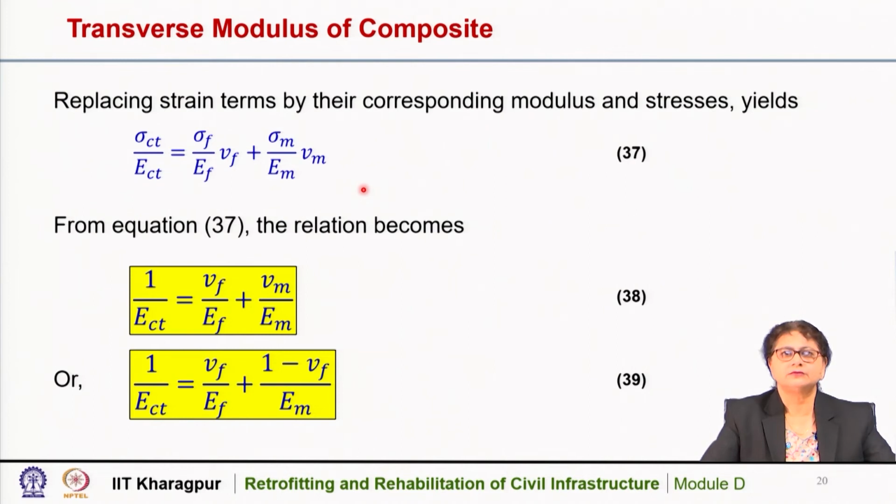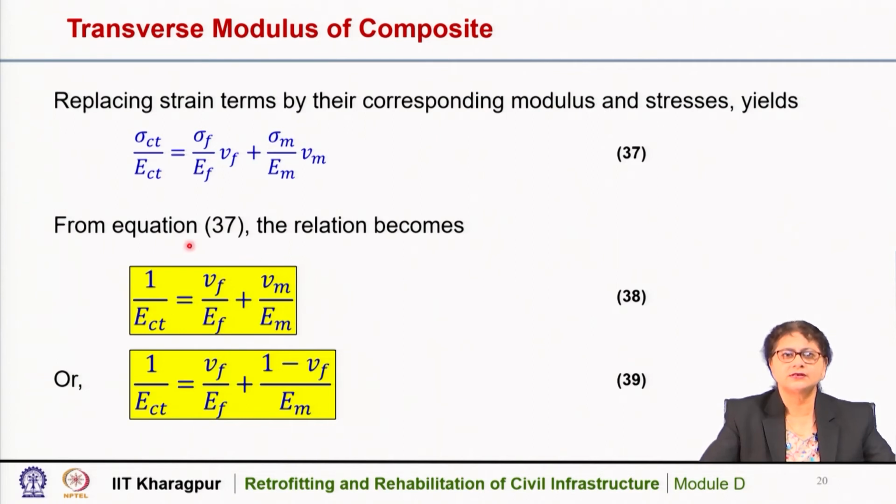From equation 37, the relation becomes 1 by Ect, because the stresses are the same in the fiber, the matrix and the composite, so we can eliminate that. So, we get 1 by Ect is equal to Vf by Ef plus Vm by Em.